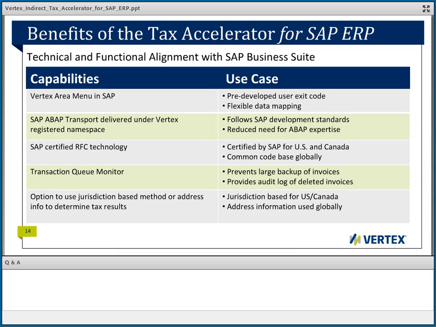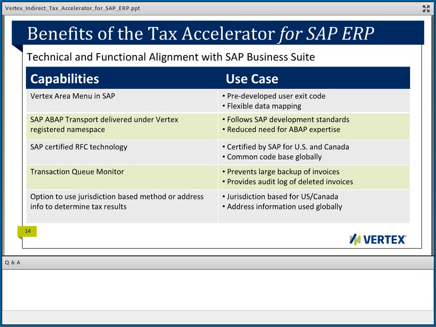Brian mentioned the ABAP transport namespace. So you need a basis person to load these transports, but you're eliminating the need to use a lot of ABAP time. I'm not eliminating it, but you're reducing the ABAP time needed. We still utilize RFC technology in the accelerator, so it's not like, oh my gosh, it's a brand new integration.